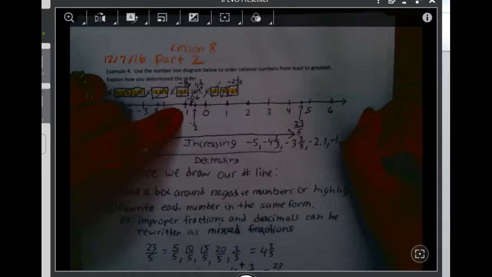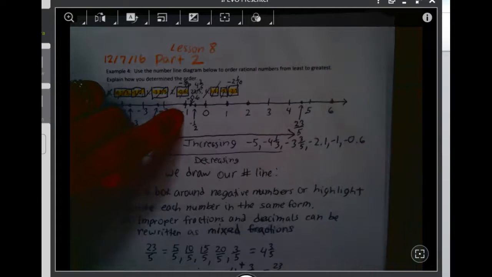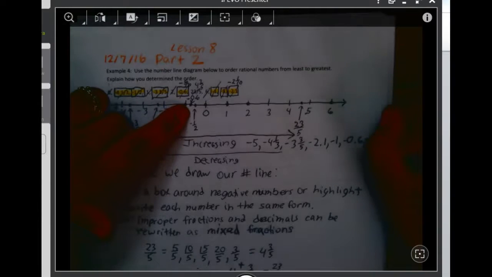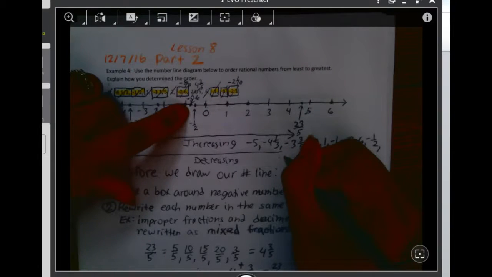We're going to run out of space. -0.6, -1/2. We'll just wrap around here.